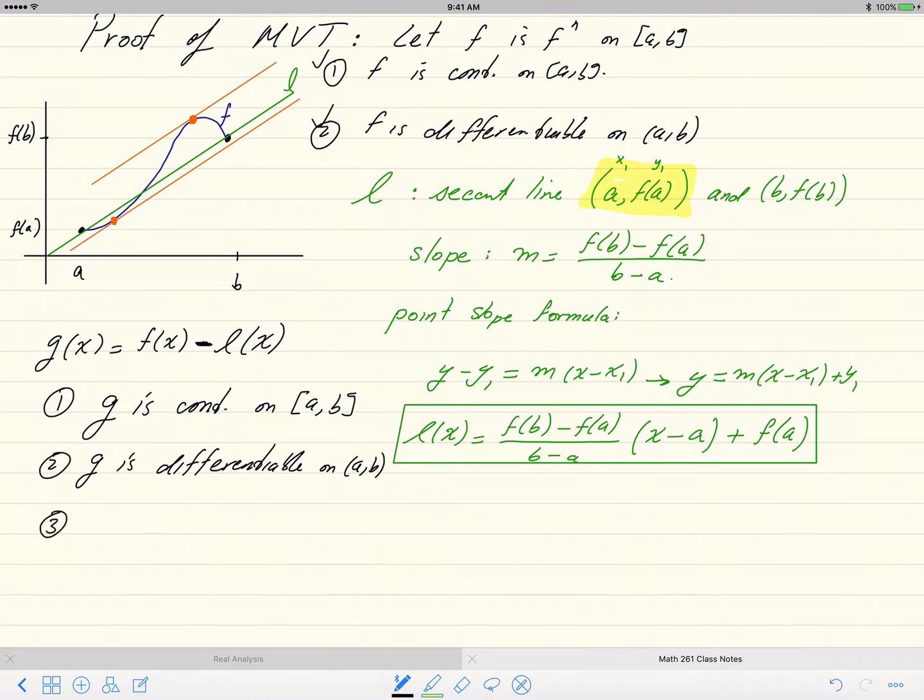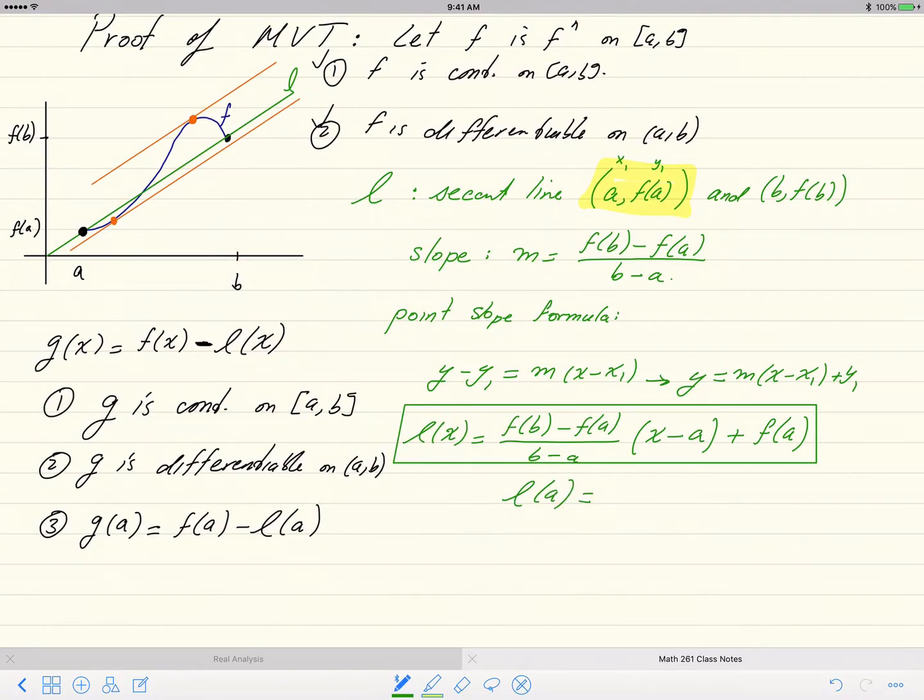But it has a third property. If you plug in a into g, then I get f of a minus L of a. And as you can see from the graph, they're the same y value. Or you can just plug in a into the equation for L.